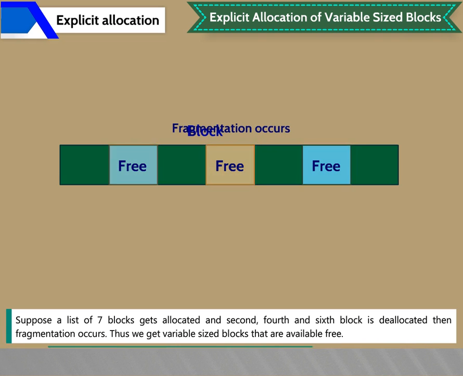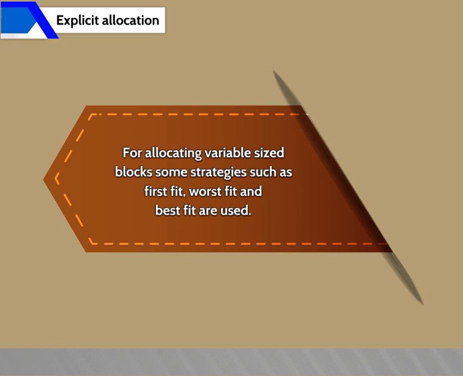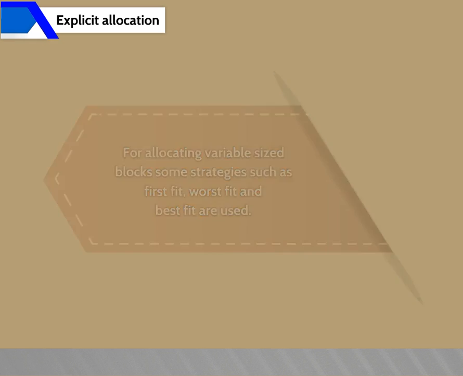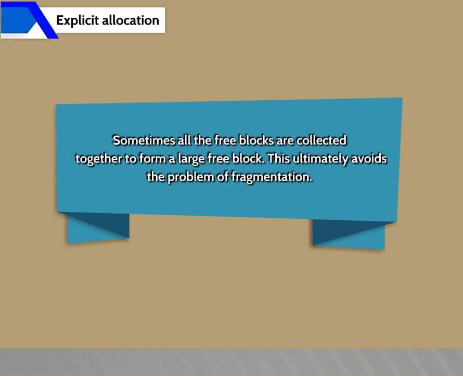Thus, we get variable-sized blocks that are available free. For allocating variable-sized blocks, some strategies such as first fit, worst fit, and best fit are used. Sometimes all the free blocks are collected together to form a large free block. This ultimately avoids the problem of fragmentation.